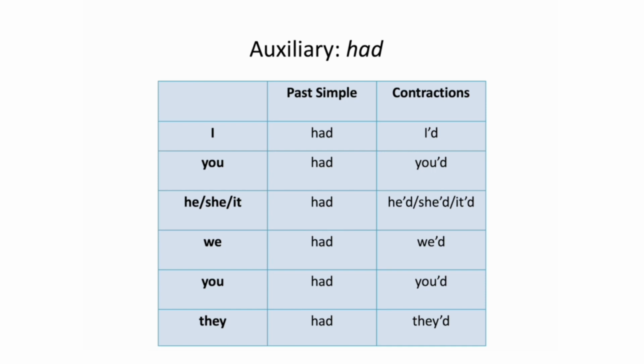He'd, she'd, it'd. Although we don't usually contract it with the auxiliary had, because it doesn't make the flow of the sentence any easier. And after all, that is the point of contractions. We had, we'd. You had, you'd. They had, they'd.